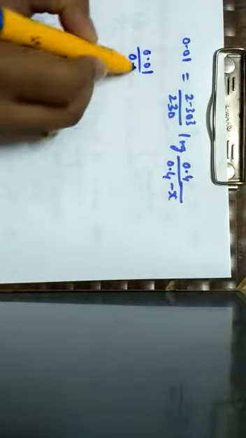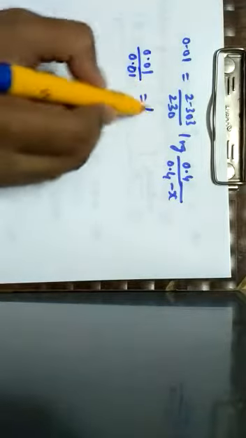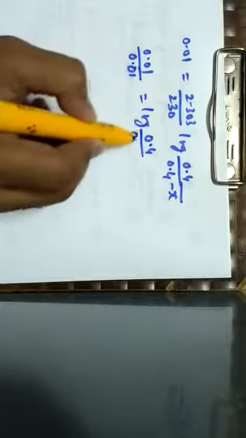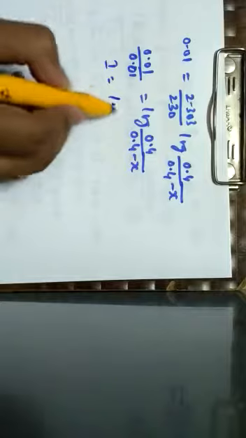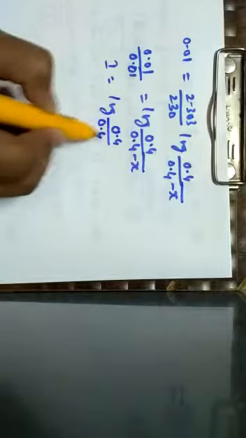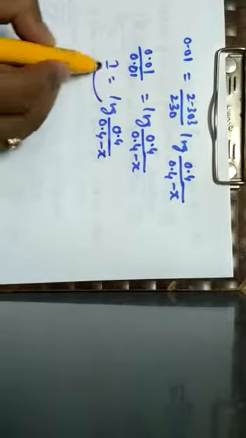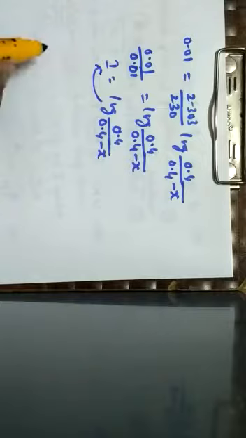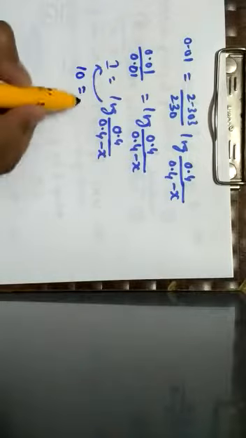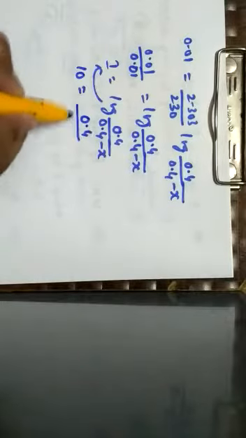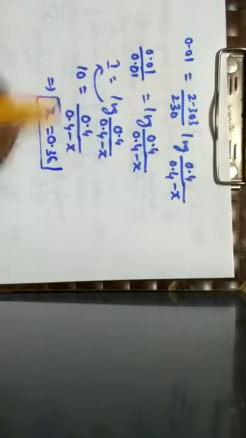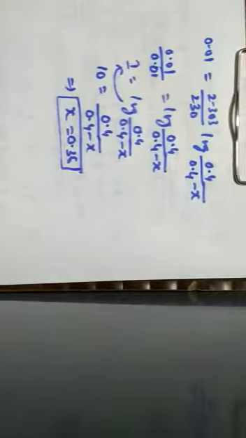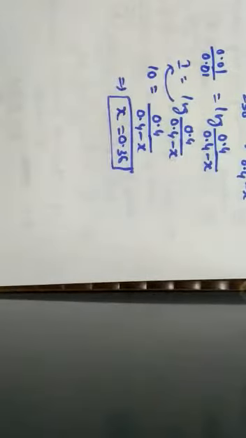I can rewrite it as 0.01 divided by 0.01 is equal to log of 0.4 divided by 0.4 minus X. So 1 is equal to log of 0.4 divided by 0.4 minus X. If I take log towards this side, it becomes anti-log of 1. Anti-log of 1 is 10. So 10 is equal to 0.4 divided by 0.4 minus X, which implies the value of X is equal to 0.36. So if I simplify, the value of X comes out to be 0.36.